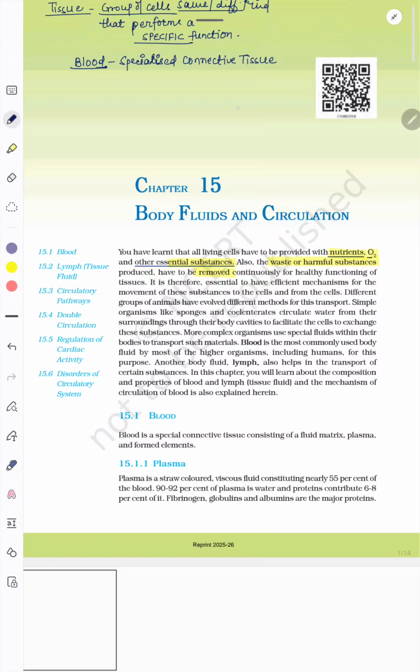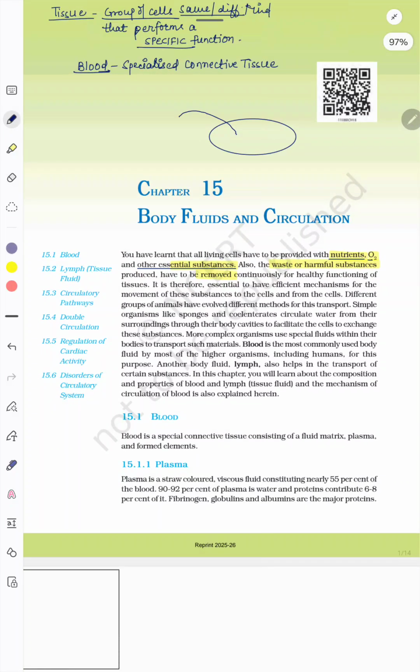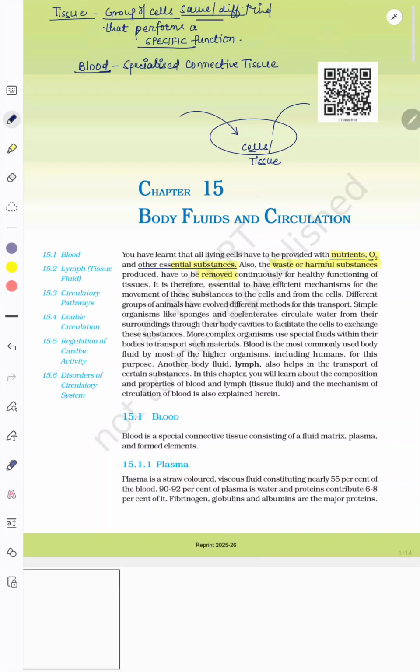So now we'll see how this is a cell. There are some substances that we need to be given to the cells or group of cells or tissue, right? And there are some substances that should be taken out. So what are these substances?